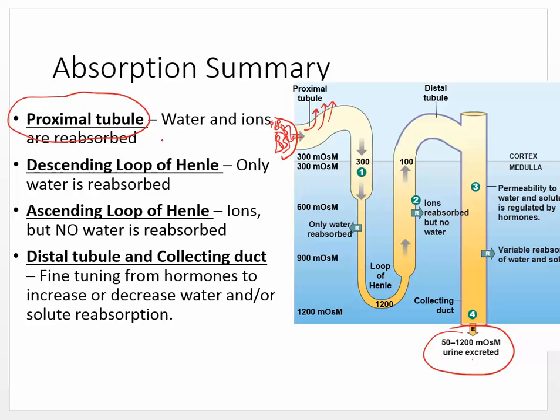So what does that mean? That means about 80%, you read different things, but it's a very high number, is reabsorbed in the proximal tubule. So that's where most of the reabsorption takes place, right here. And that includes ions and water, as we talked about in the previous section.